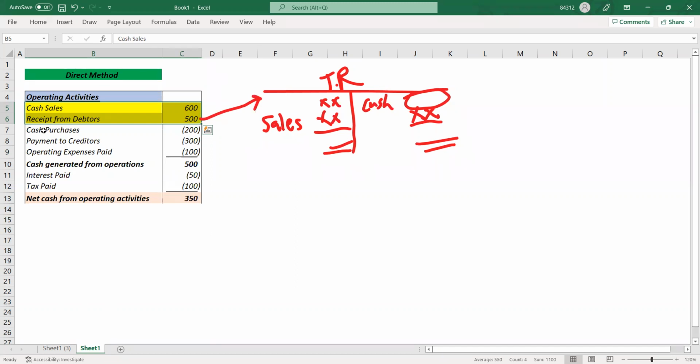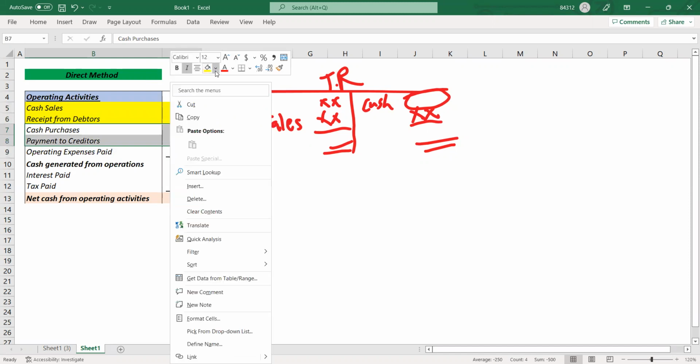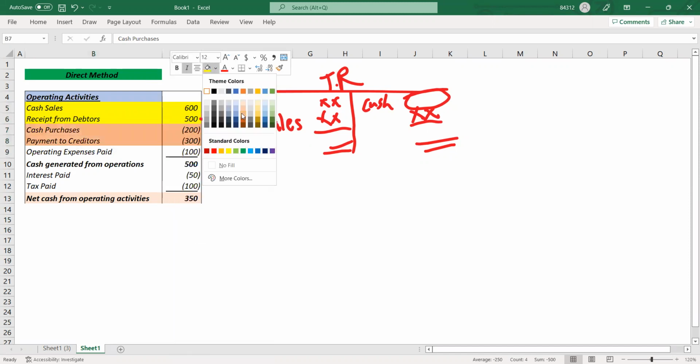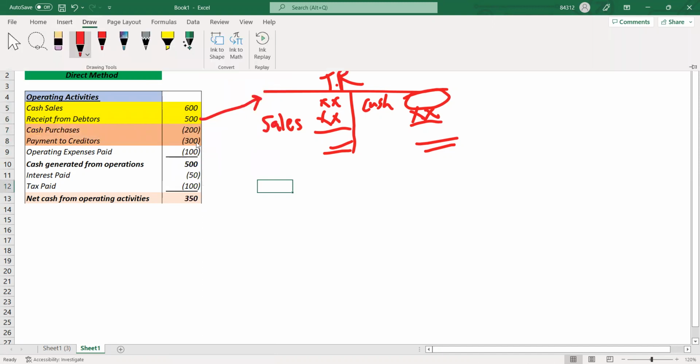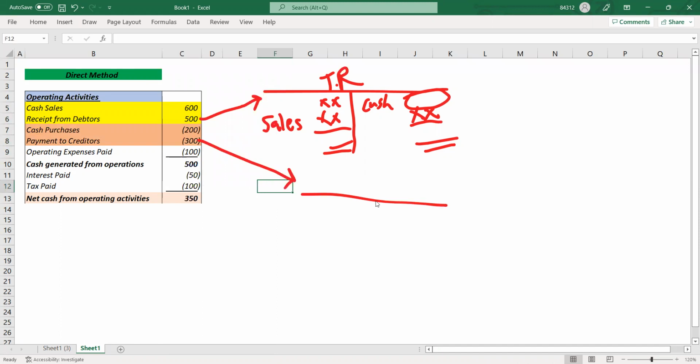And for the payment, we will have the creditors account. So how do you find the payment to creditors? You have to prepare the trade payables account. Using this, you can find out the cash paid to creditors. Right? So preparing these two accounts is simple.